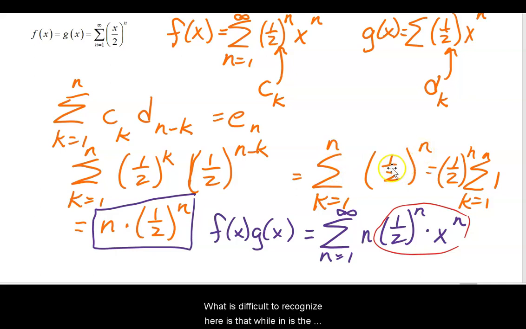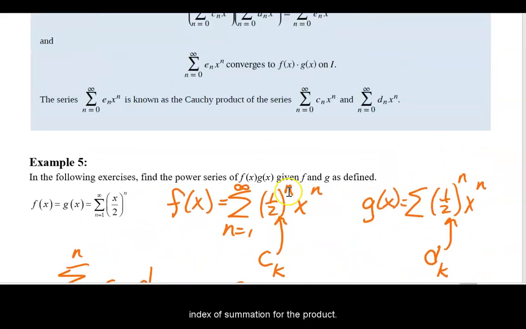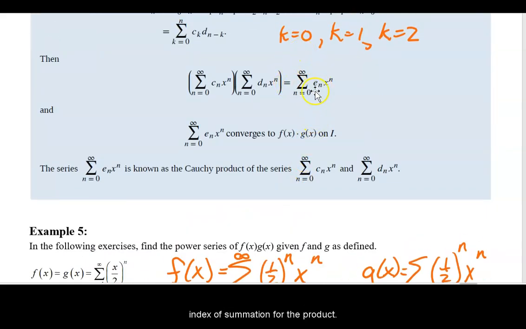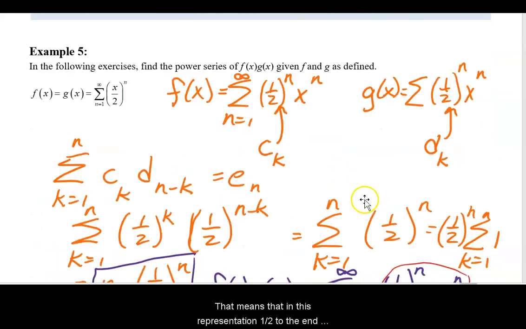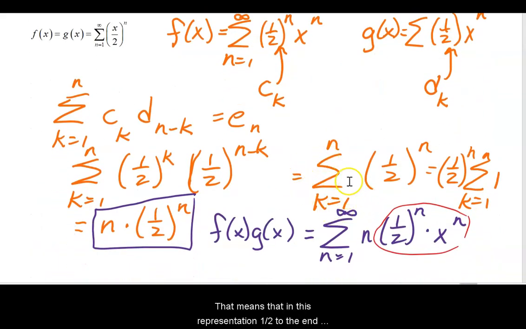What is difficult to recognize here is that while n is the index of summation for the product, it is not the index of summation for the coefficients. The index of summation for the coefficients is k. That means that in this representation, 1/2 to the n is considered a constant and can be pulled out of the series since it does not depend on the index k.